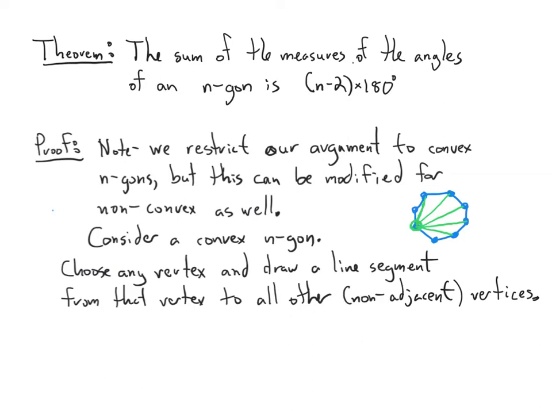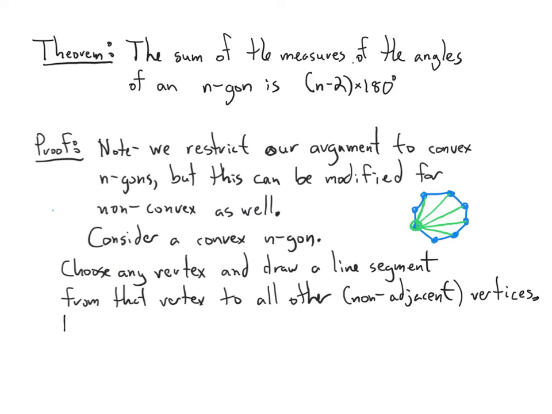If you draw n line segments, it'll break it up into n plus 1 parts. And each of these parts is indeed a triangle. So in this case, we drew 5 lines, and we broke it up into 6 triangles. So in general, we break up our n-gon into n minus 2 triangles.